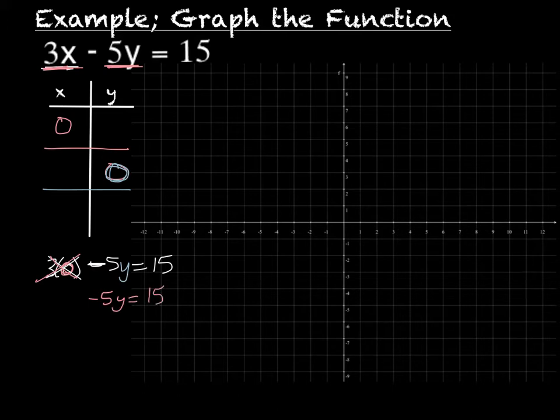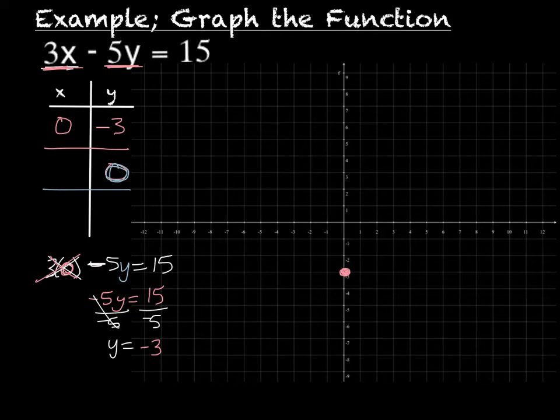And now I solve as I always have before by dividing by a negative 5. So y is equal to 15 divided by negative 5, which is a negative 3. So the point (0, -3) is on this graph. So I'm going to graph that point.